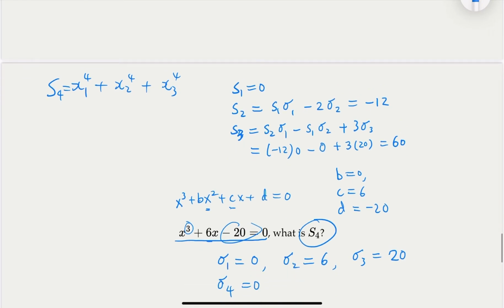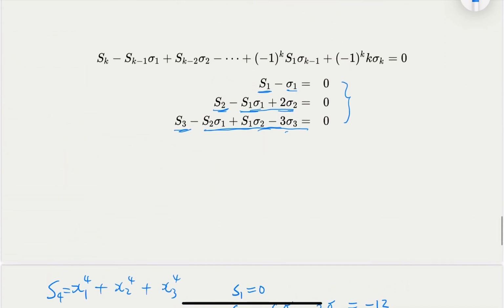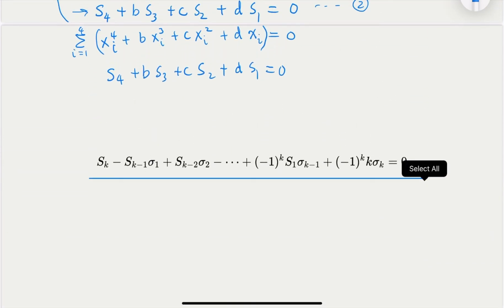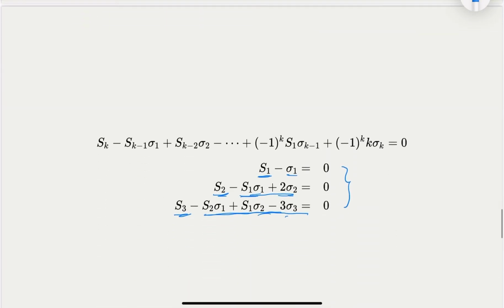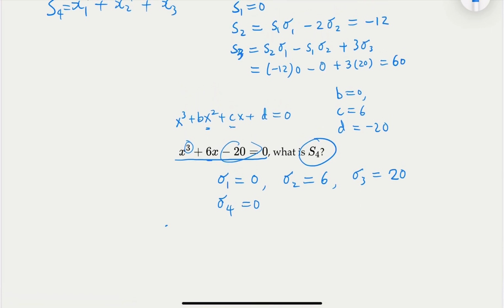Now what is S4? We plug in the relationship we had earlier: for the higher degree, S4 plus b S3 plus c S2 plus d S1 equals 0. In our case, b equals 0, so this goes away.